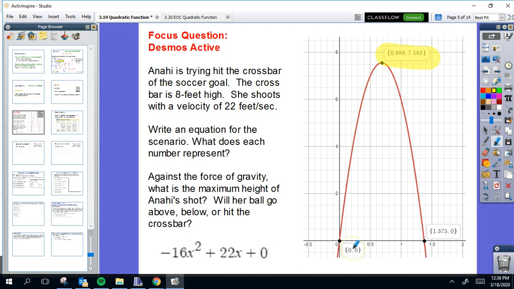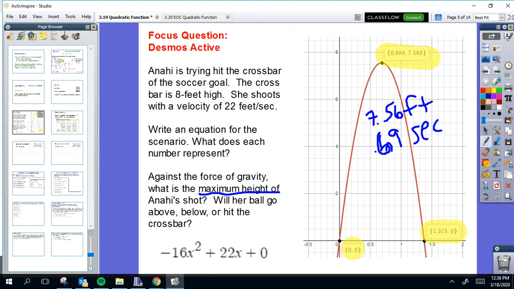And then this is the 0 where it starts off, and this is the second 0 where it hits the ground. So to answer the question, the maximum height of Anahi's shot is 7.56 feet. That's her maximum height, which she attains in 0.69 seconds. So that's the vertex, that's the maximum.